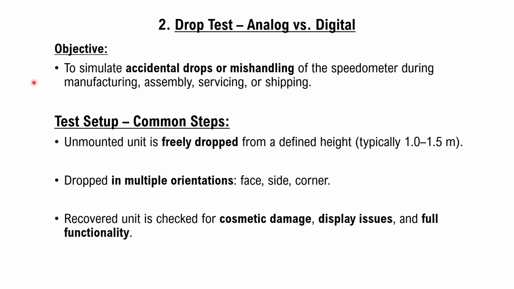The setup: unmounted unit is freely dropped from a defined height that could be 1 to 1.5 meters, dropped in multiple orientations, that is face, side, or corner. Recovered unit is checked for cosmetic damage, display issues, and full functionality.